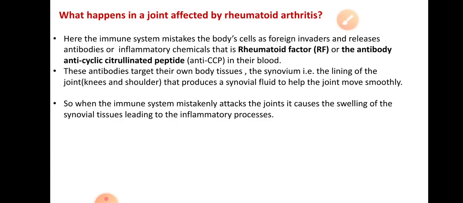Now let us see what happens in a joint affected by rheumatoid arthritis. Here the immune system mistakes the body's cells as foreign invaders and releases antibodies or inflammatory chemicals, that is rheumatoid factor (RF), also known as RF factor, or the antibody anti-cyclic citrullinated peptide, also known as anti-CCP, in their blood.